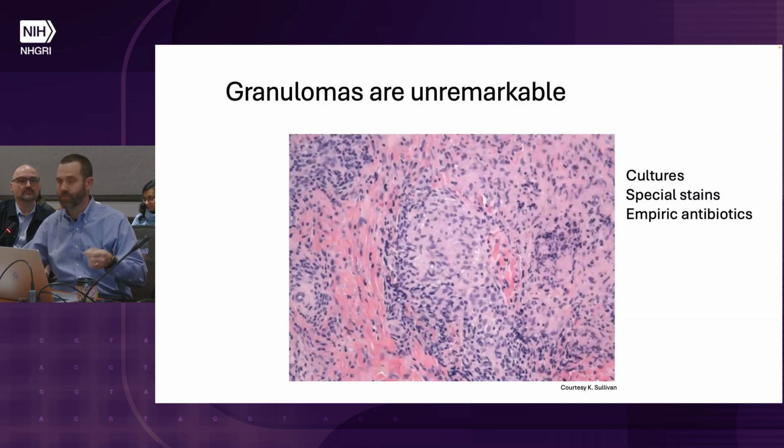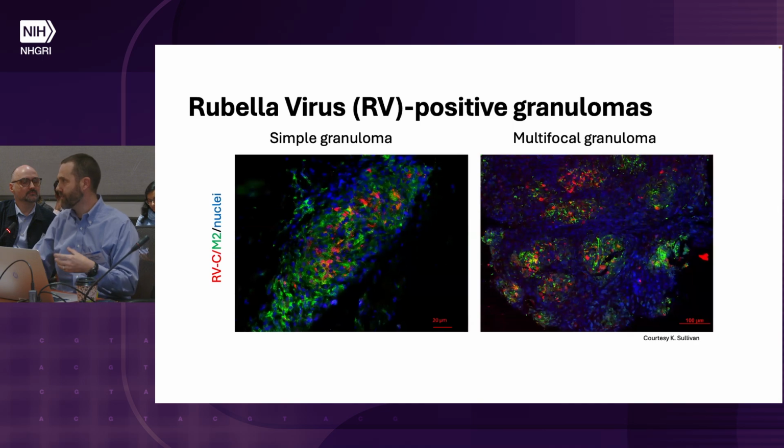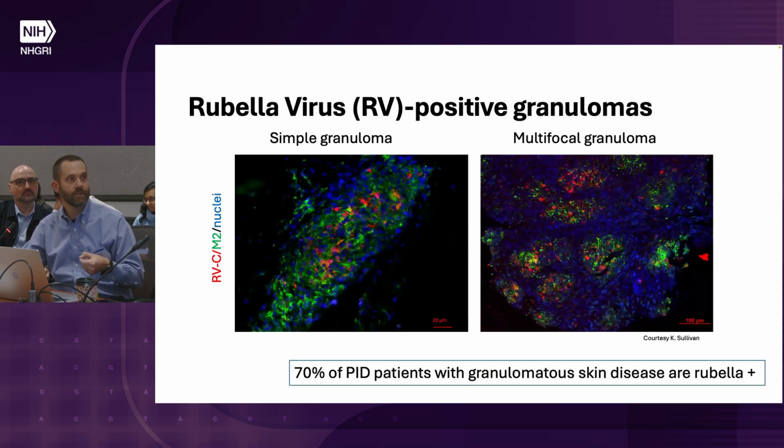Is this all just immune dysregulation? And it turns out that they went back and they found this is vaccine strain rubella. And this is all Kate Sullivan's story. So you can't read it, but it's down there. If you take tissue blocks from these biopsies and you stain for rubella proteins, you can find within simple or multifocal granulomas that this is a patient that has vaccine rubella reactivation that has caused this really hard to diagnose granuloma skin disease.